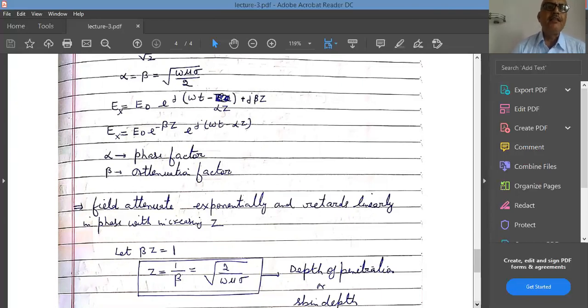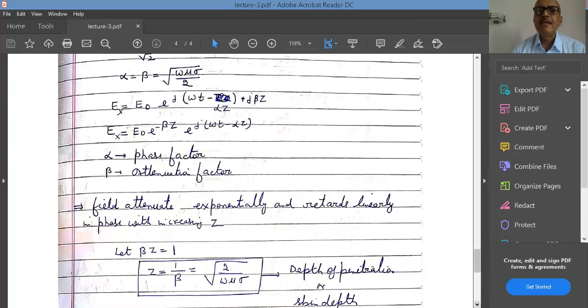Suppose now beta z is equal to 1. Let us take the value of beta z equal to 1. It will happen when z is equal to 1 upon beta, or when the wave propagates 1 upon beta, and beta is under root of omega mu sigma upon 2. So if you substitute the values, the value of z is under root of 2 upon omega mu sigma.